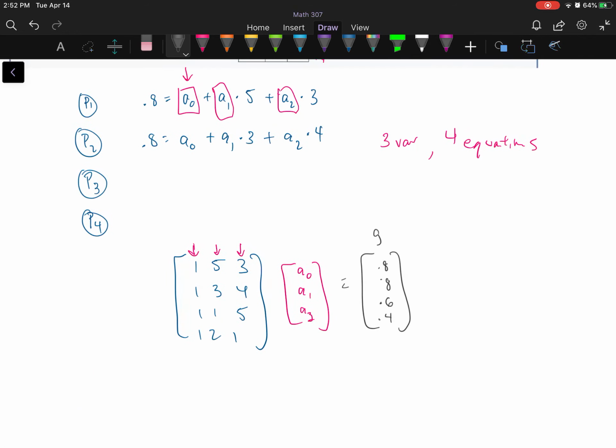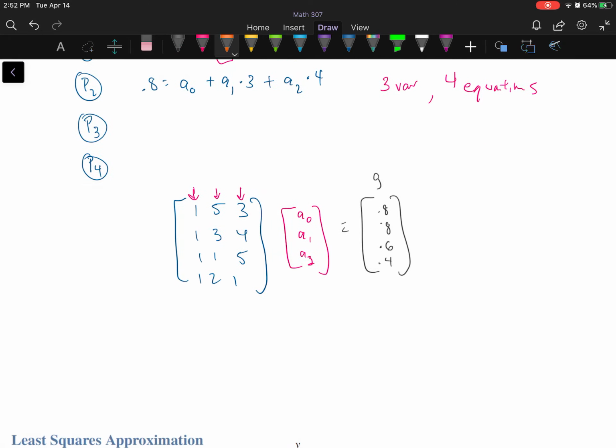Again, in this context, what we could do is create the normal equations by multiplying through by A transpose on the left.